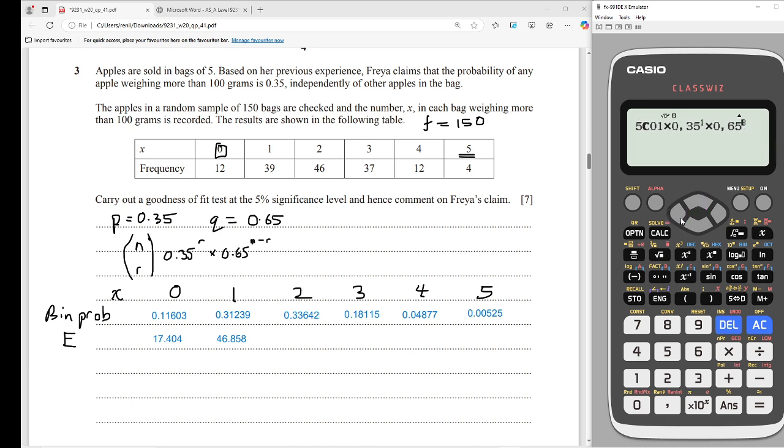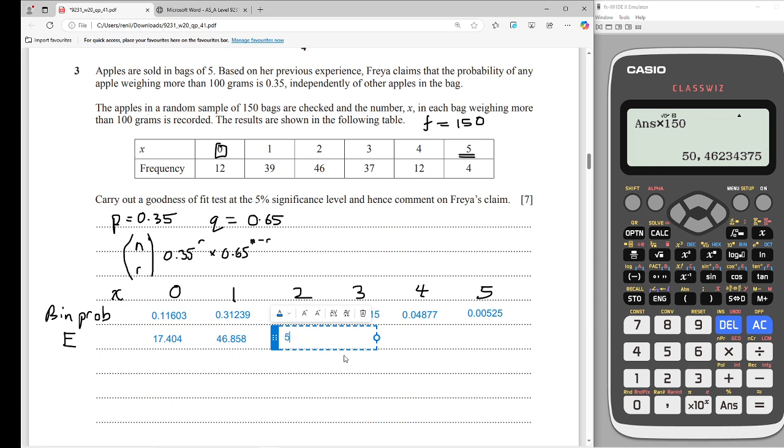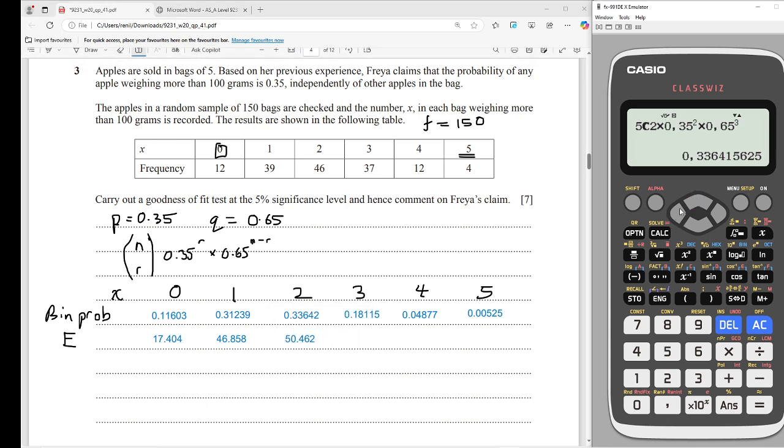It's a bit tedious applying each and every value into this, but it is also less error prone. So let's do this here. We should get our 0.33642, and we multiply that with our sample size 150. Our expected value becomes 50.462. We go back to our equation.